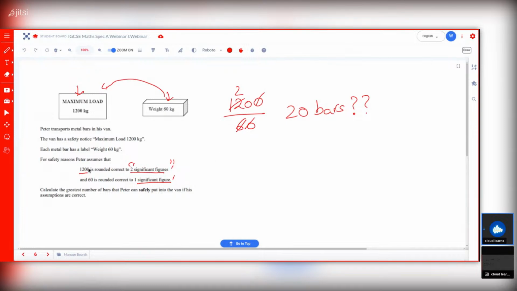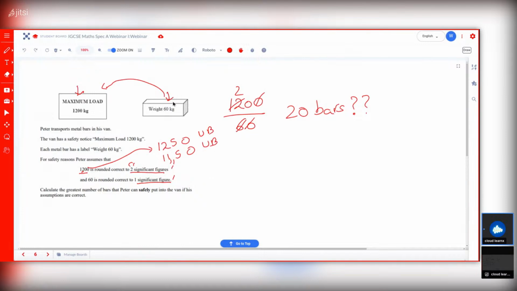So technically 1200 could be, the 2SF would be the hundreds place. So 50 you could add and subtract. And there we go. So those are your upper bounds and lower bounds for the maximum load, right?